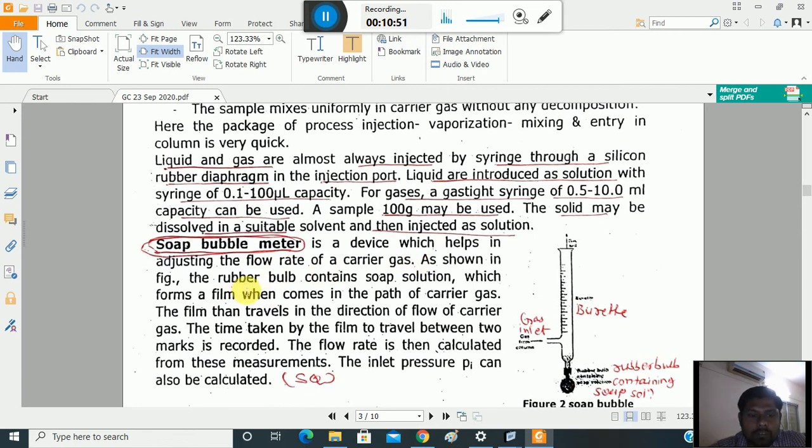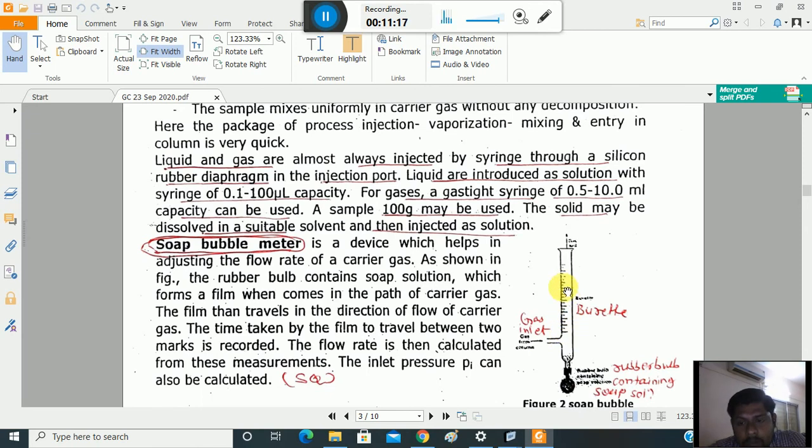As shown in the figure, the rubber bulb contains soap solution, which forms a film when it comes in the path of the carrier gas. That means when a bubble of soap is introduced into the burette, it creates a thin film of that soap solution. When you pass the carrier gas, that film moves with the carrier gas.